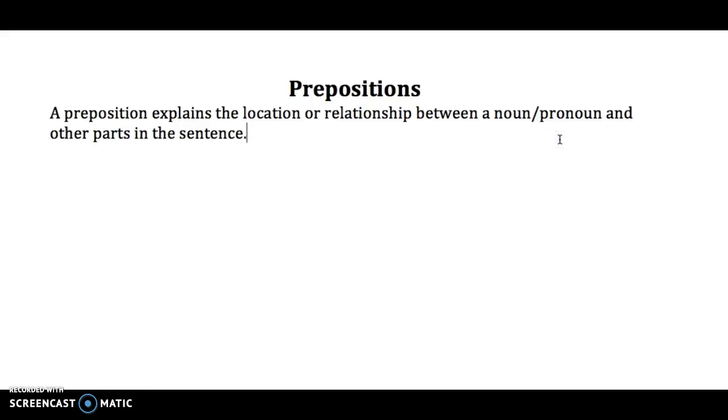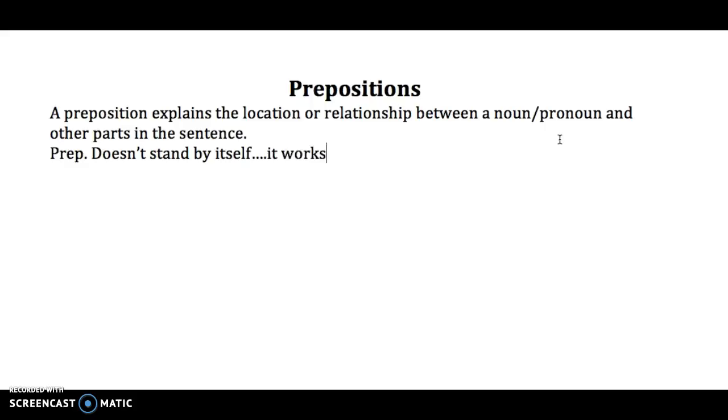Now, the thing with prepositions is that they're kind of like a team. They travel together in packs, and a preposition, I'm going to abbreviate and just say prep, doesn't stand by itself. It has a group.